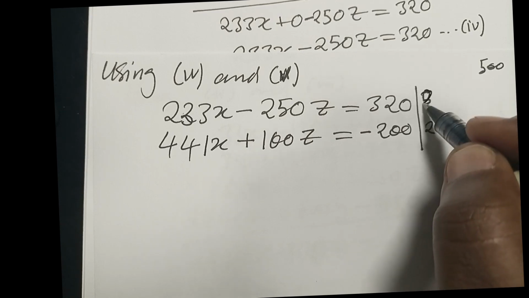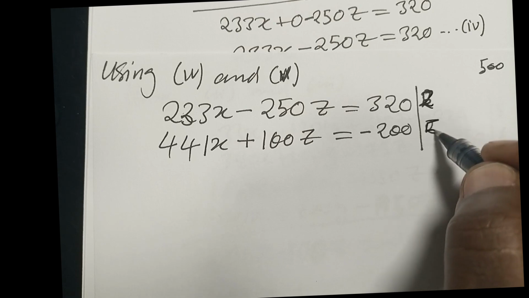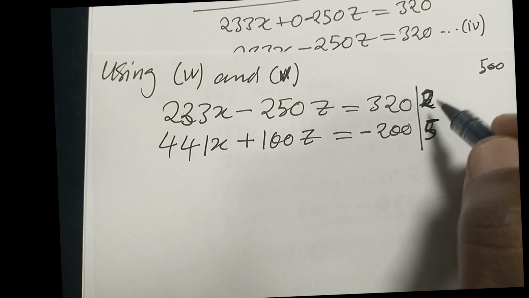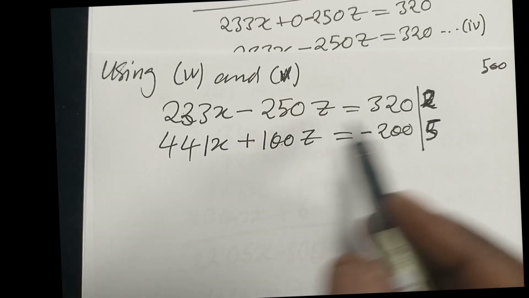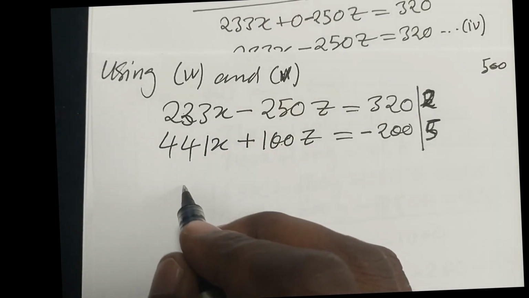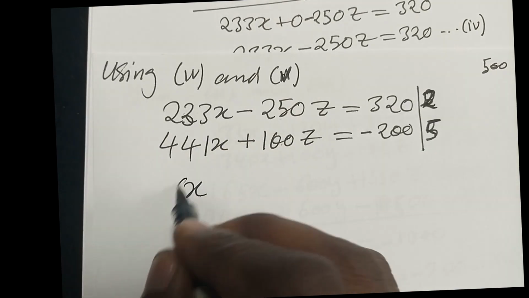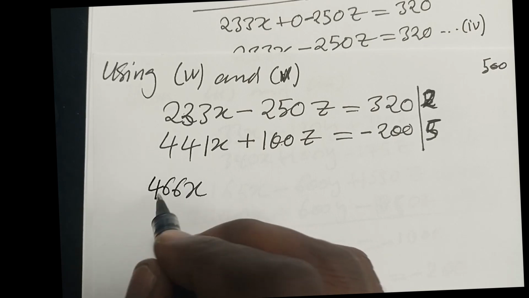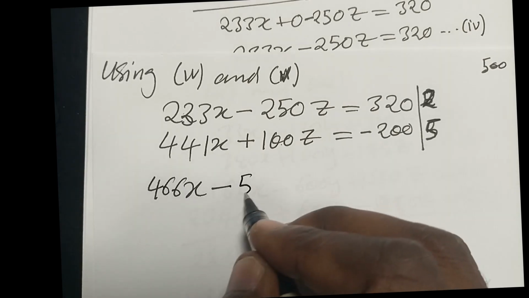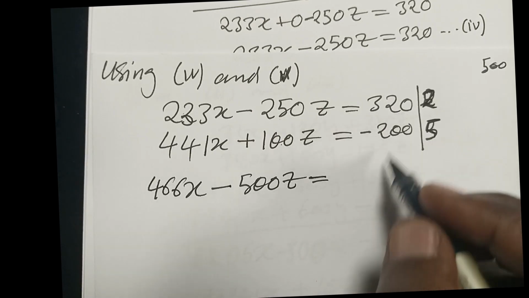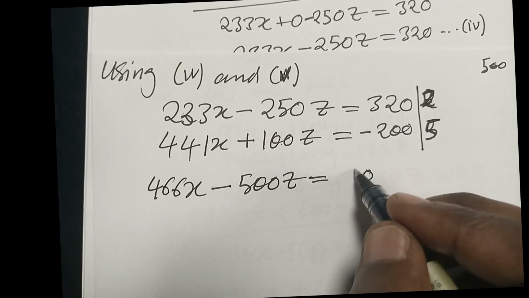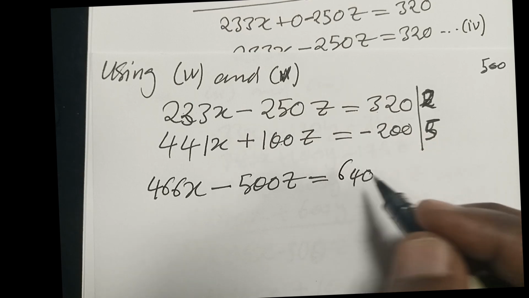So we should have a 2 here and the 5 times here, so that we can get the 500 here and the 500 there. So multiplying this throughout by 2, we have x times 3, 6, 6, 4, minus 500z will be equal to 2 times 0, 0, 2 times 2, 4, 2 times 3, 6.